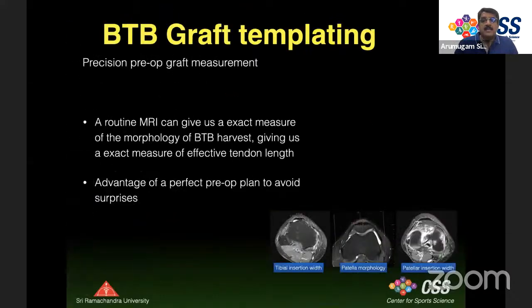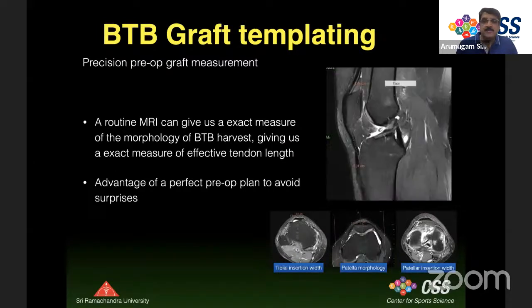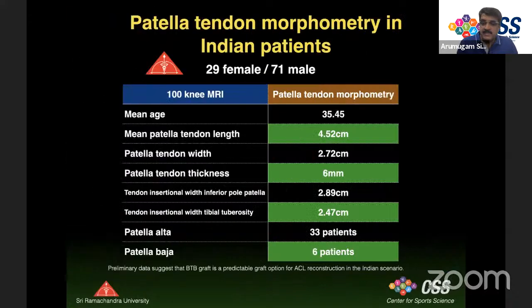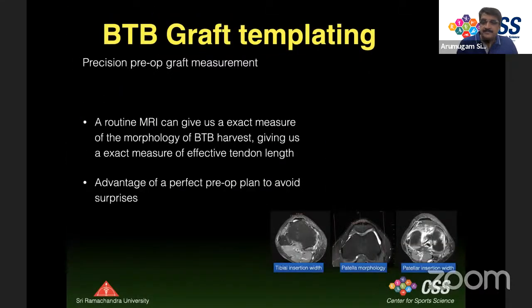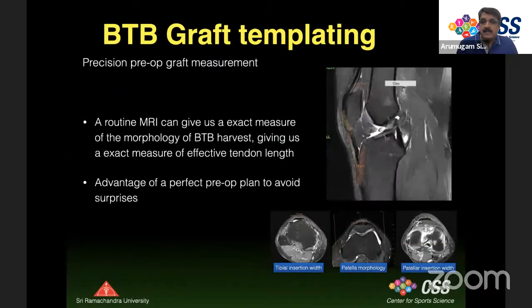And another important thing is how the BTB graft can be templated. All you need is the same MRI. You can have a precise pre-op graft measurement. You can measure the patella tendon width, tibial tunnel insertion, the patella morphology, as well as your tibial tongue.